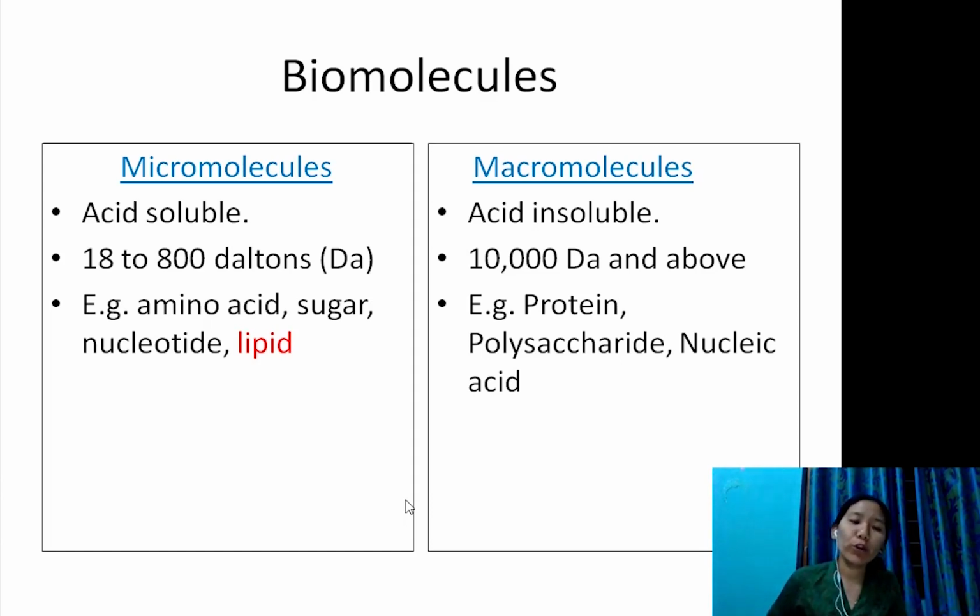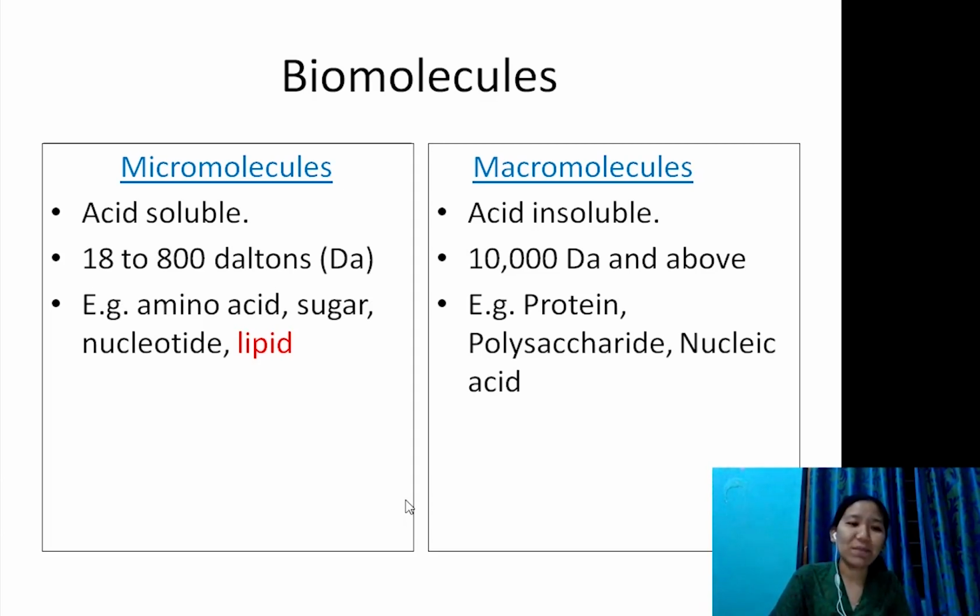Regarding their molecular weight, the molecular weight of micromolecules ranges from 18 to 800 Dalton, whereas in a macromolecule, it is 10,000 Dalton and above. So the molecular weight is much higher in the macromolecule than in a micromolecule. Micromolecules have a simpler structure, whereas macromolecules have a complex structure.